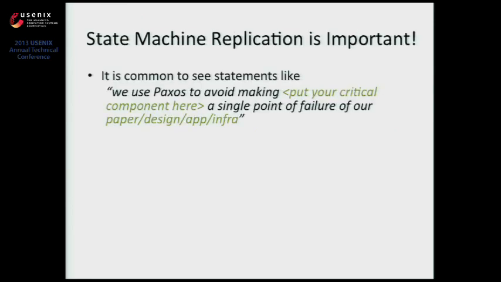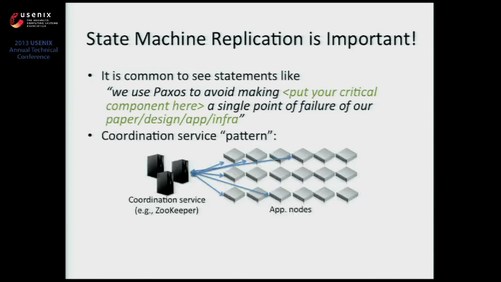This kind of problem is really important because in many papers or designs, people implement Paxos in some of their components to avoid having a single point of failure. Usually this is done on some critical component. One notorious example is what I call the coordination service pattern.